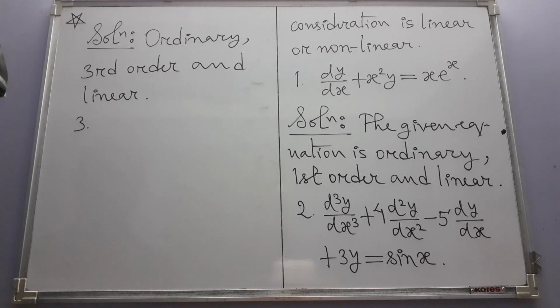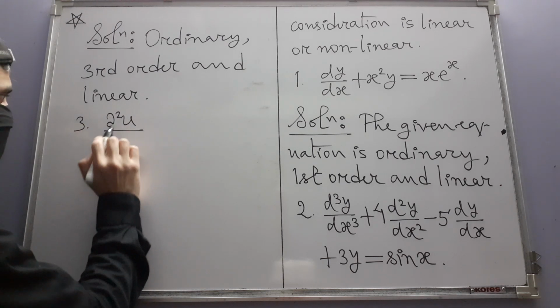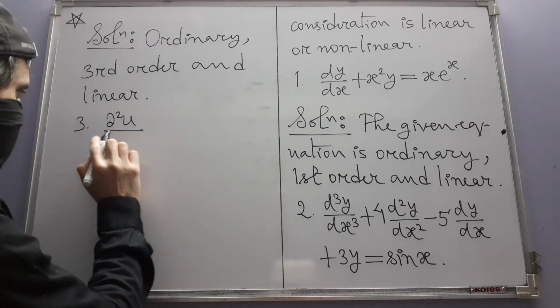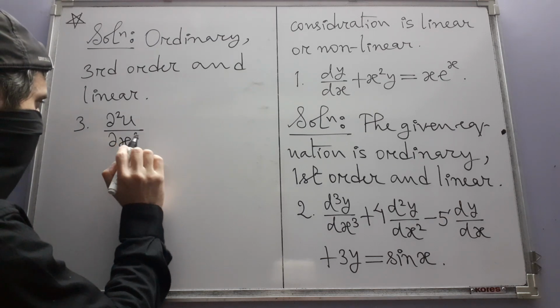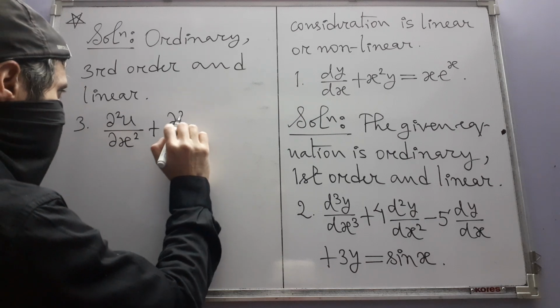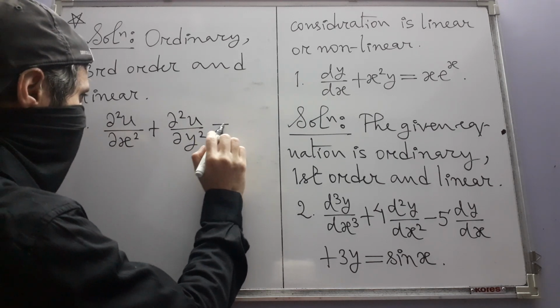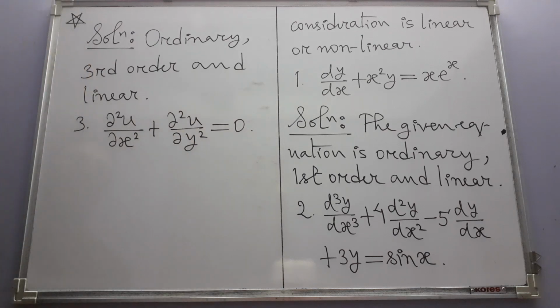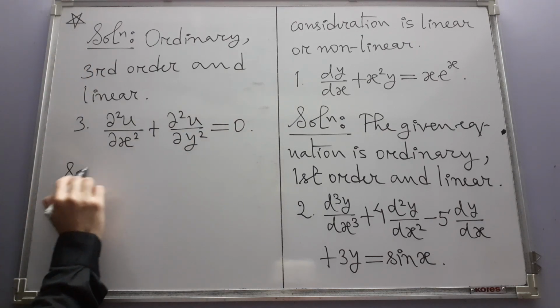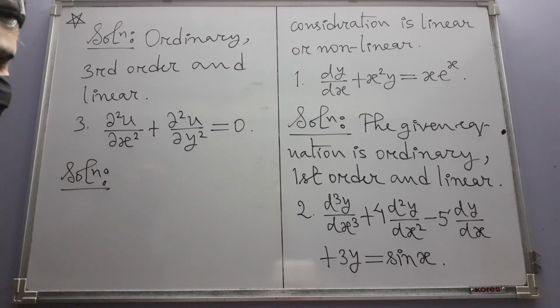Number 3, del squared u del x squared plus del squared u del y squared is equal to 0. You can clearly see that partial derivatives are involved here.